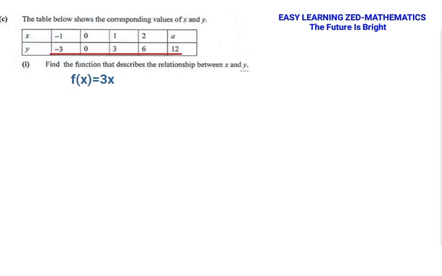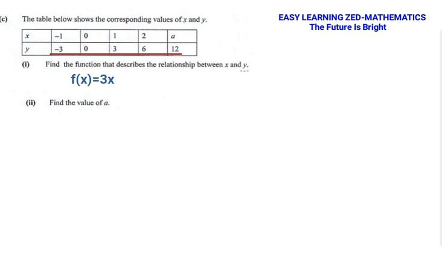Now let's go to the second question, which is find the value of A. Where there is the image 12, on top there is an element called A, which is unknown. We are told to use the function we found in question 1 to get the answer.